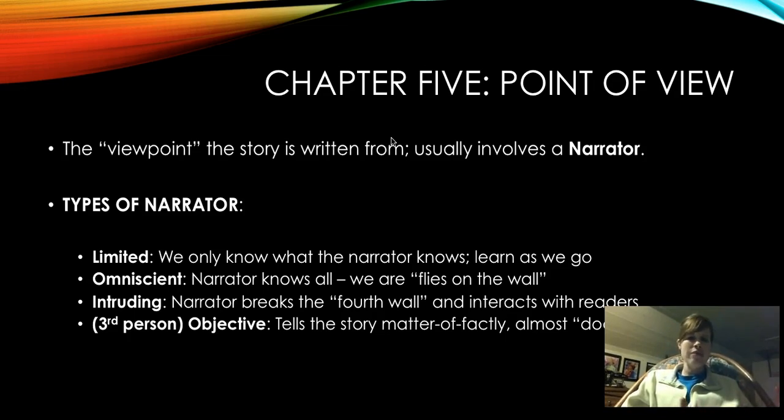So I guess I'm trying to think of an example where an omniscient narrator occurs. I always think of Milo and Otis, the classic story from when I was a kid. It was like a little movie with a dog and a cat. That was an omniscient narrator because the narrator sort of already knows what's going to happen.